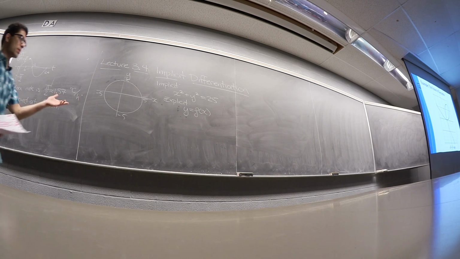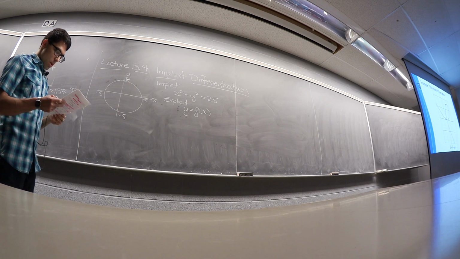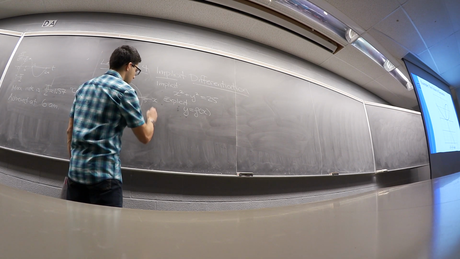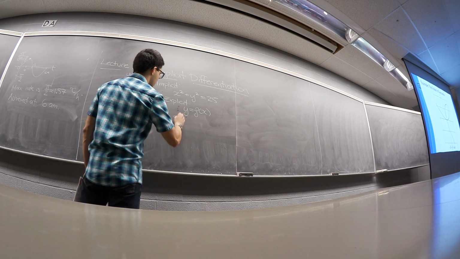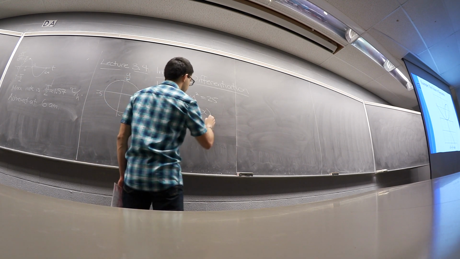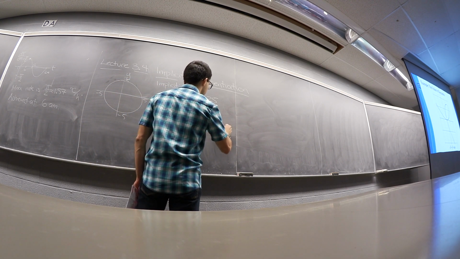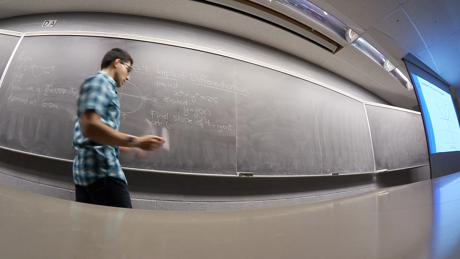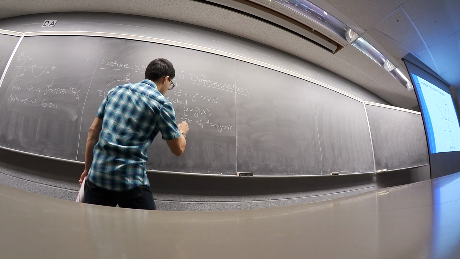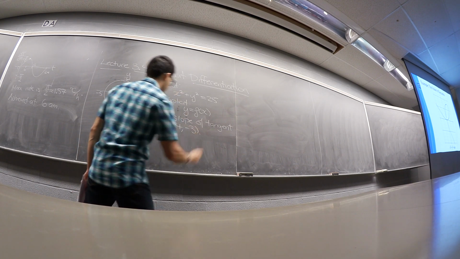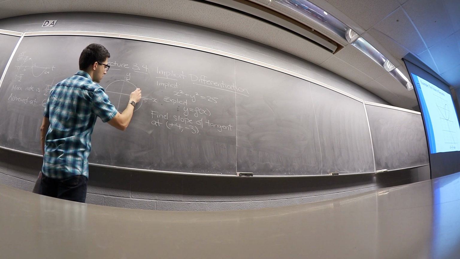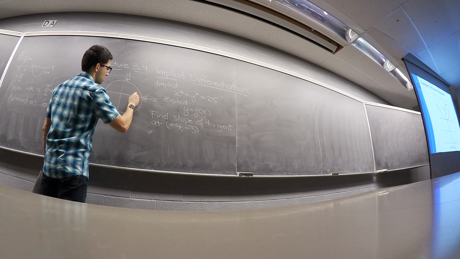And how do we use calculus for this kind of problem? Suppose we want to find the slope of the tangent at plus 4, minus 3.